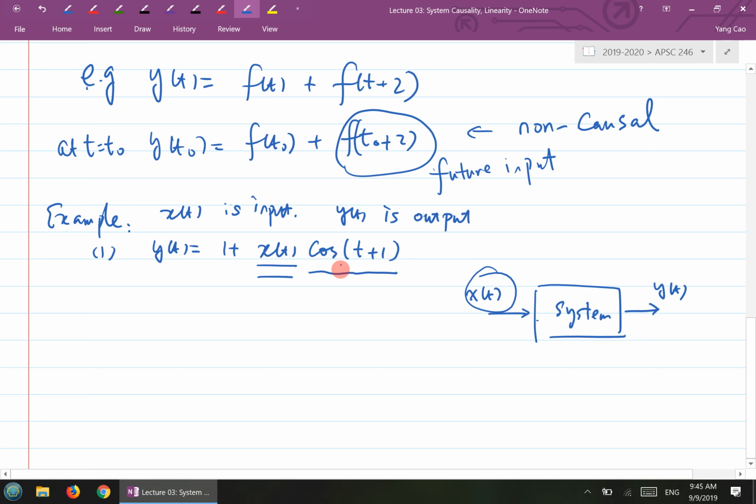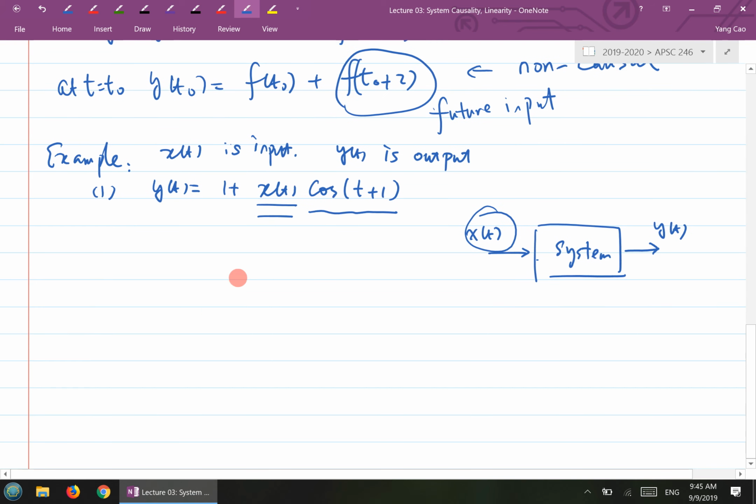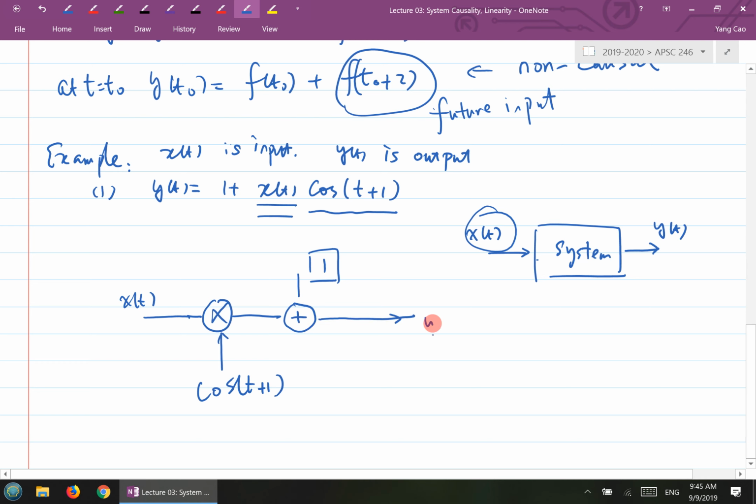Those probably come from somewhere else, right? For example, I could draw a system like this. If this is x of t as the input, there could be a multiplication factor here, and then maybe a constant 1 adding to the next signal, and then here's your output y of t.